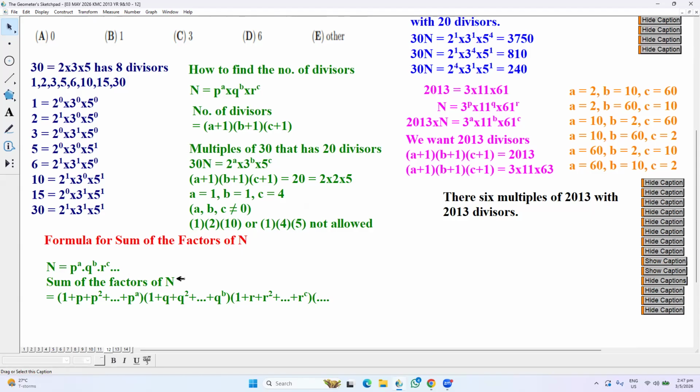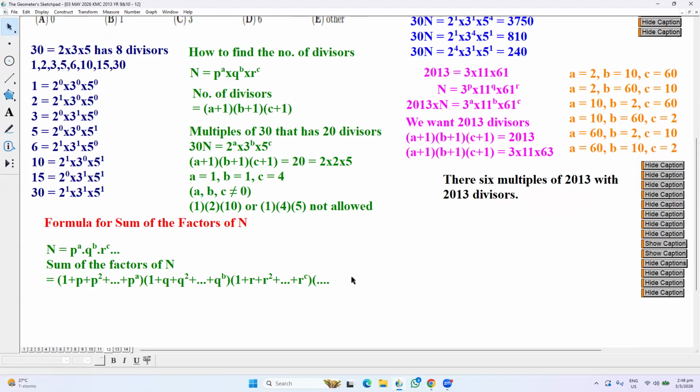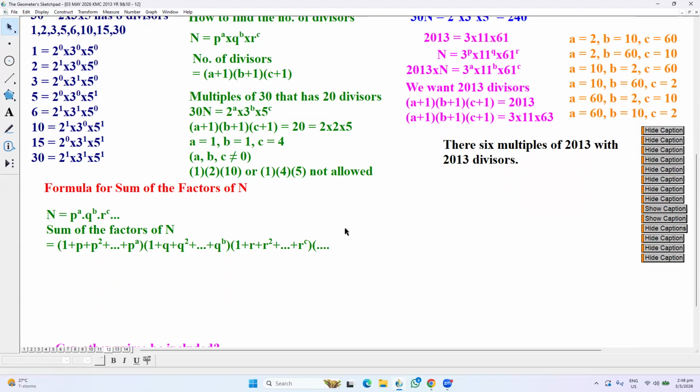The sum of the factors is 1 plus P plus P square until P power A, then for Q until Q power B, and for R until R power C. And if you've got some more, we just continue. So this is the formula for the sum of the factors. So 2 things: one is the number of factors, one is the sum of the factors.